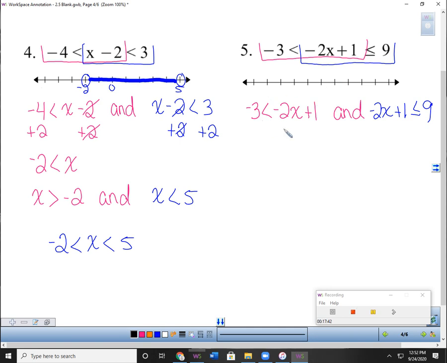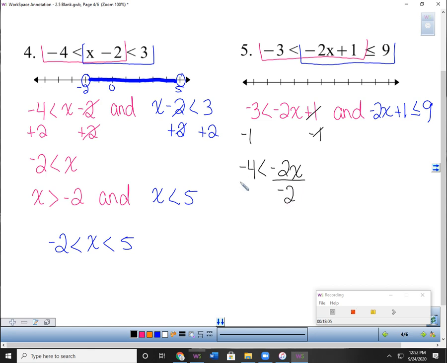So if you look at this right here, I've got negative 2 times x plus 1. So I'm going to have to subtract the 1 first. So negative 3 minus 1 is negative 4. It is less than negative 2x. Then I'm going to have to get rid of that negative 2, so I divide by negative 2.